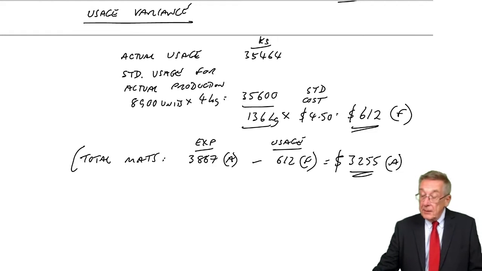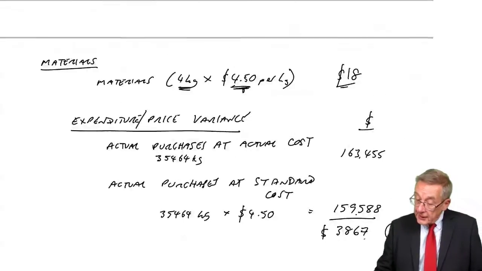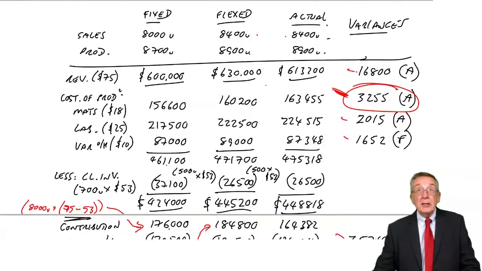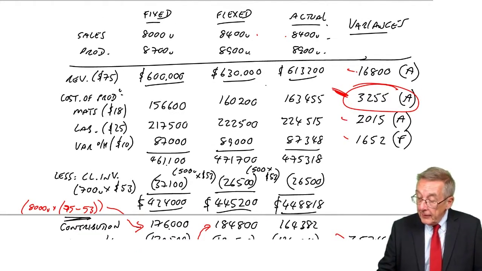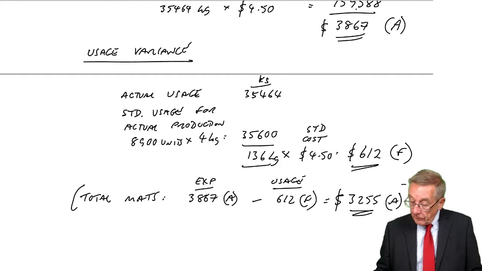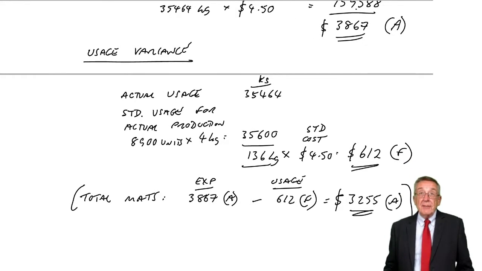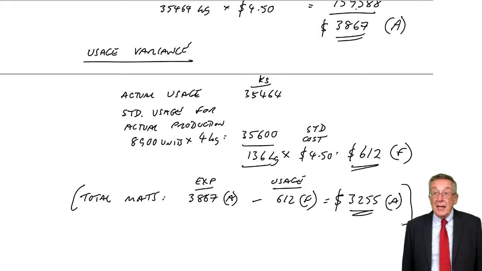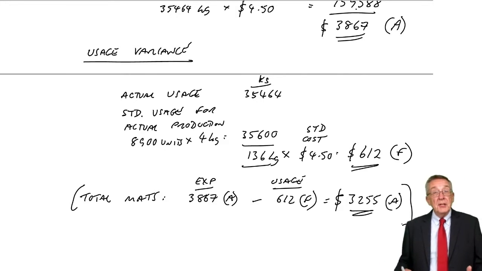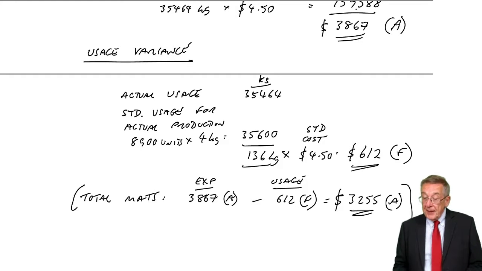And is that what we got at the beginning? In the last lecture, there we are. We knew very well that overall we overspent a variance of 3255. We've now analysed it. 3867 adverse, we paid too much per kilo. 612 favourable, we managed to produce using fewer kilos.